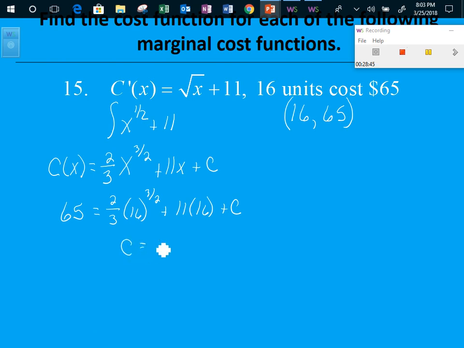C is going to be negative 153 2/3, or negative 153.67. So my final answer, c of x is 2/3 x to the 3/2 plus 11x minus 153 2/3.